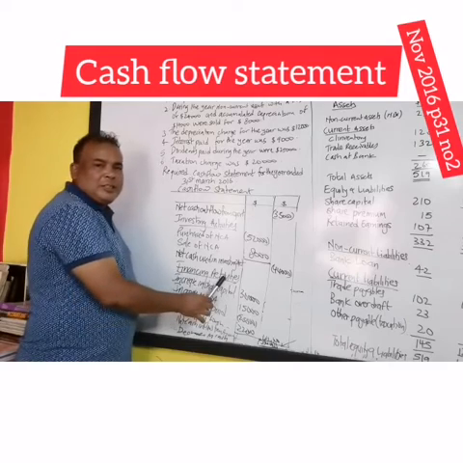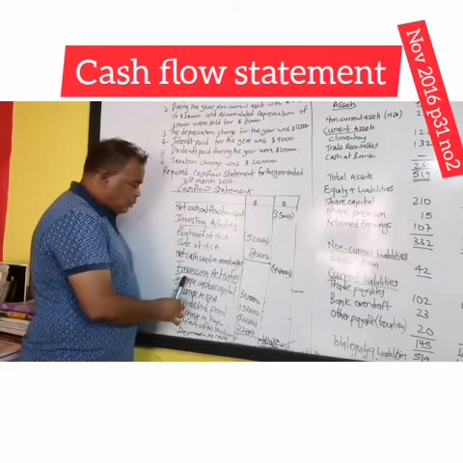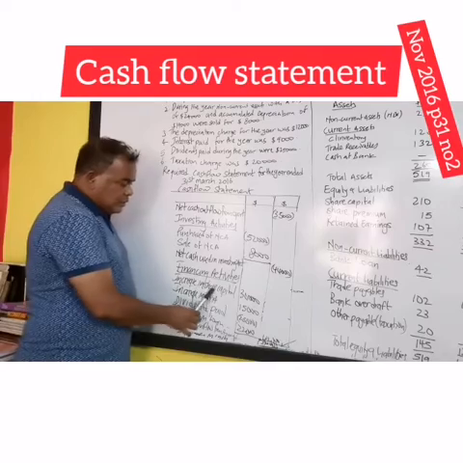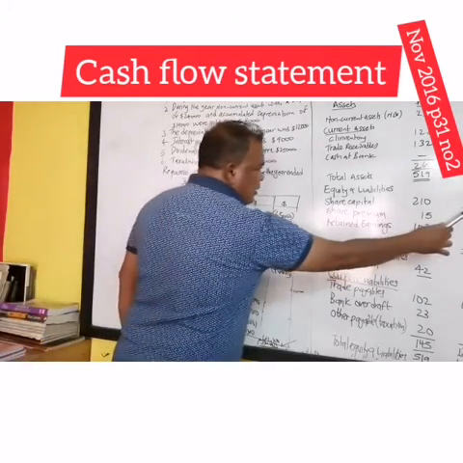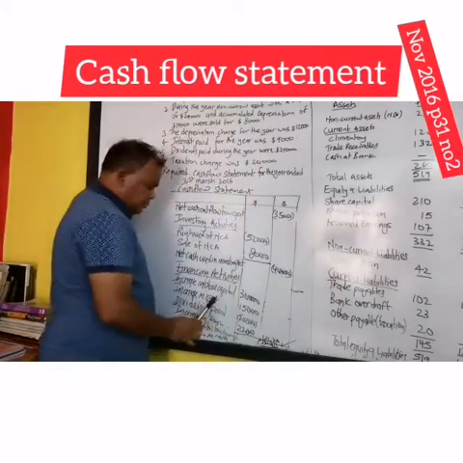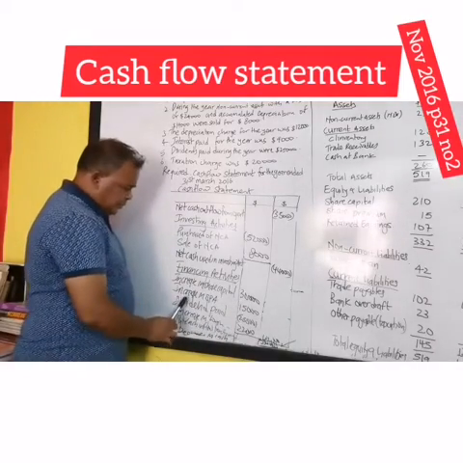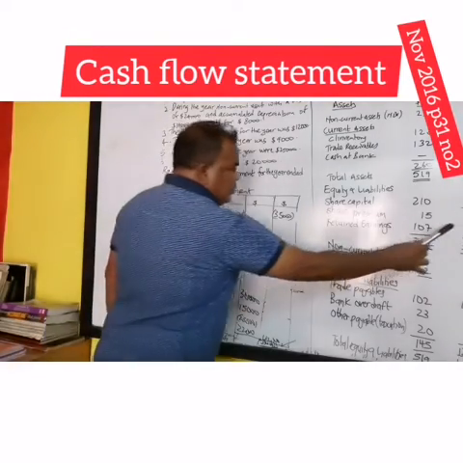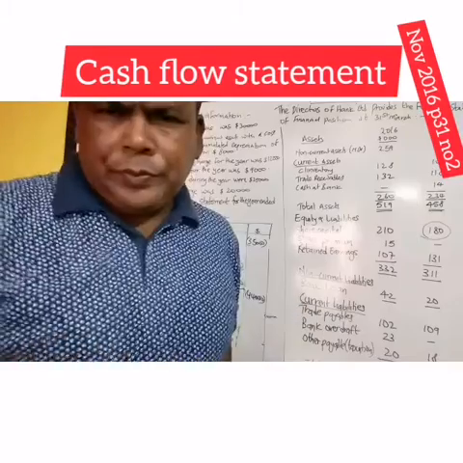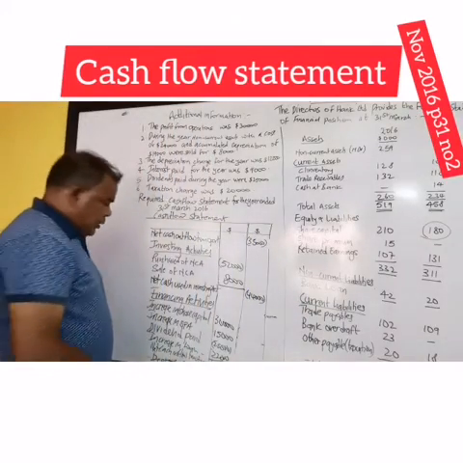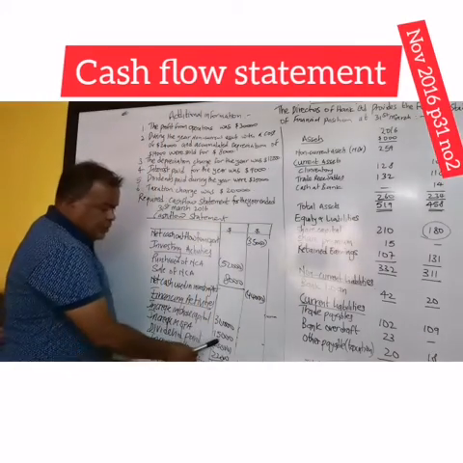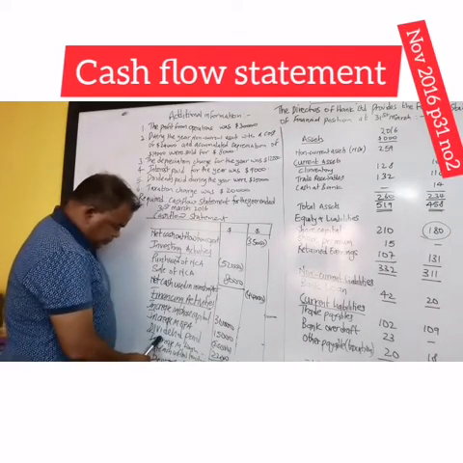Then we will have financing activities, where we will have to record issue of shares. Share capital 180, now 210, increased by 30,000. Increase in share premium, 0, now 15,000.